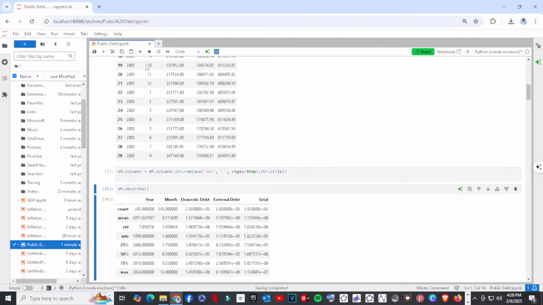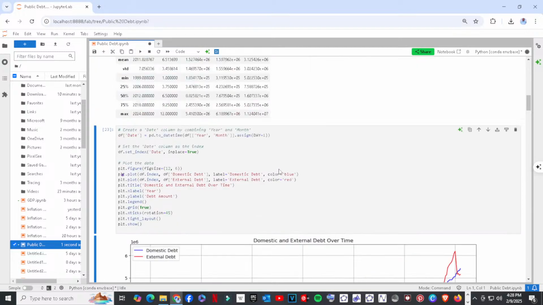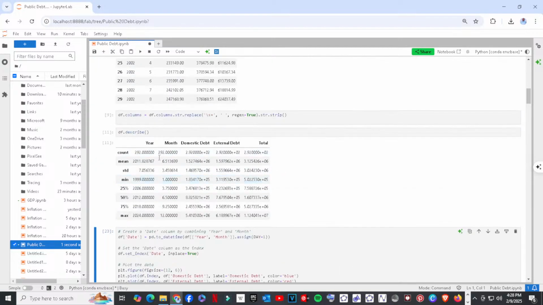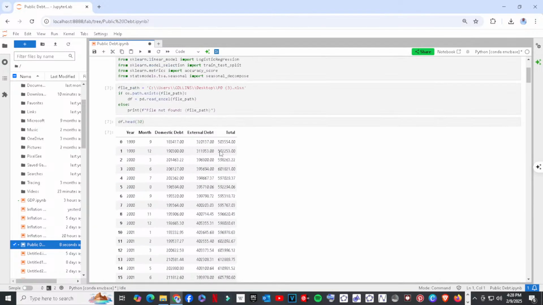Then df.describe. If I run this, the df.describe gives me this. So we have the column for year, month, domestic debt, external debt, and finally the column for total.